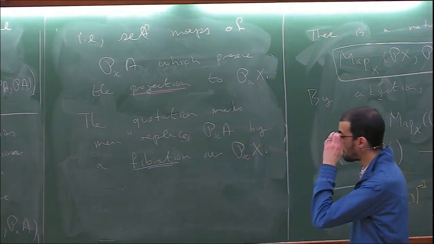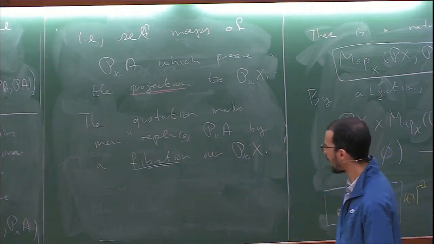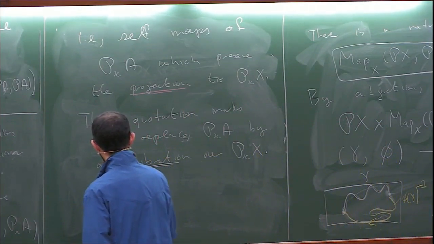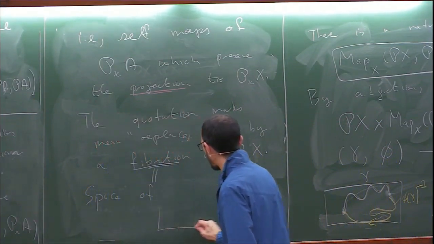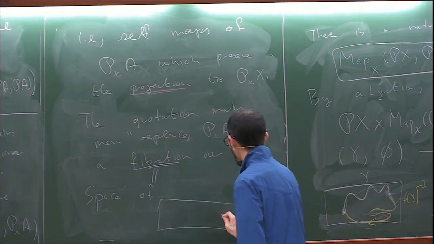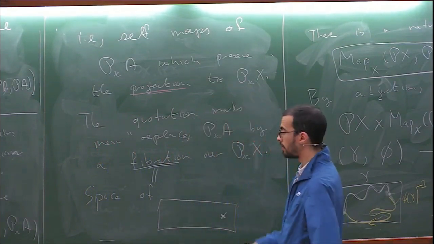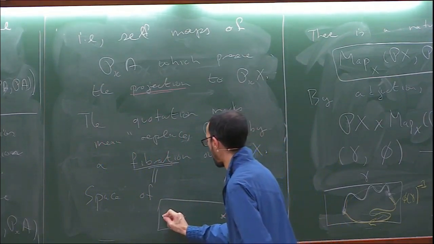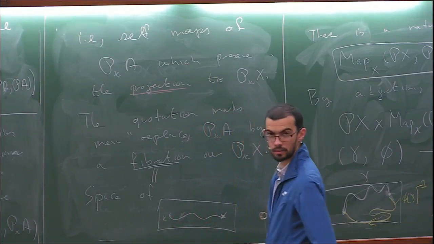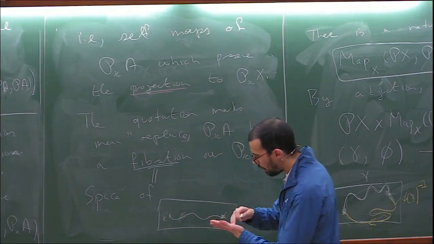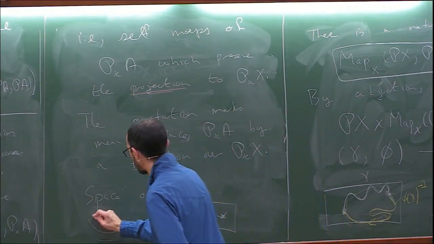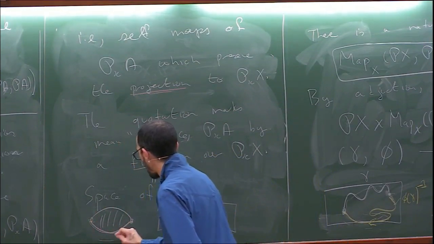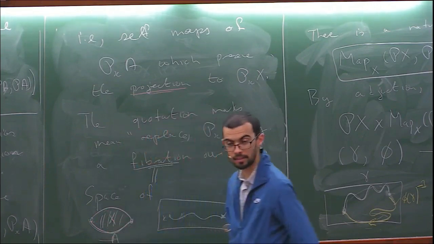What's this fibration? Actually, it's not so bad. It's the space of, well, let me draw a picture. It's a space of disks, maybe bigons, where one endpoint maps like this. So this goes to A, and everything else goes to X.